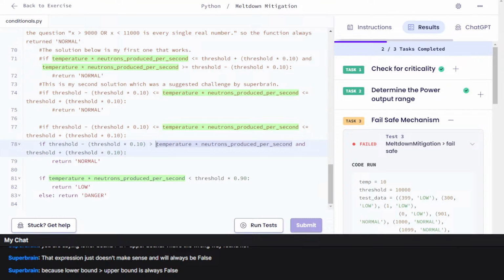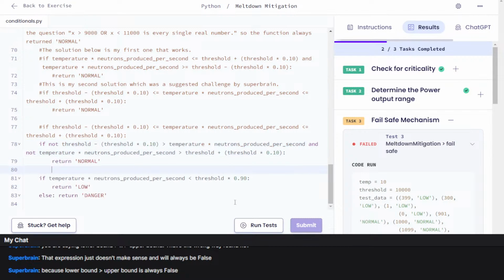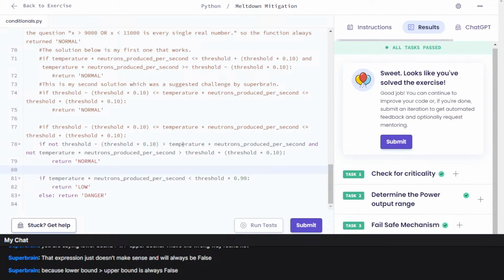So we can't do that with the multiple things. But then I think I do the nots. If not, and not. There.